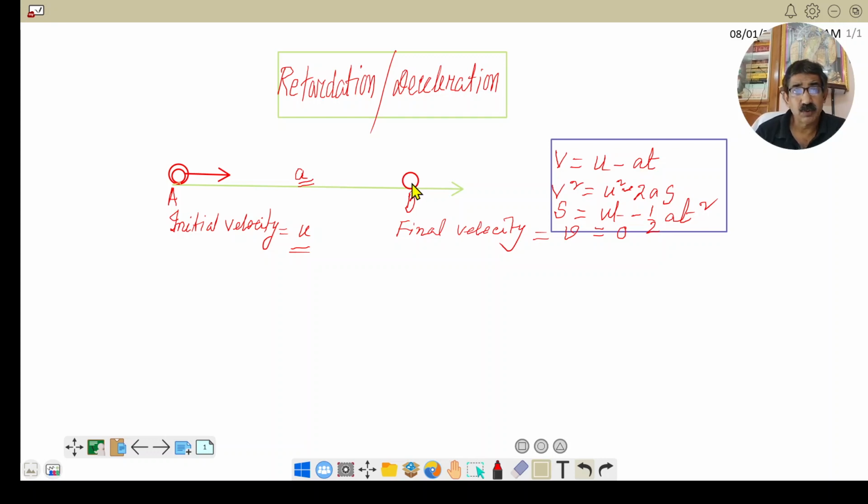So when it stops, who stops that? The surface over which the marble rolls. This surface offers a retardation or deceleration to stop the motion. Otherwise, the ball moves continuously.